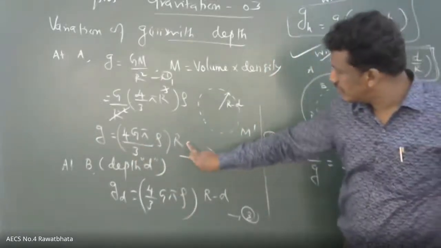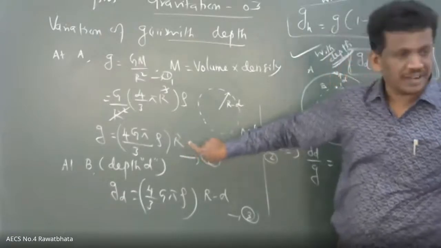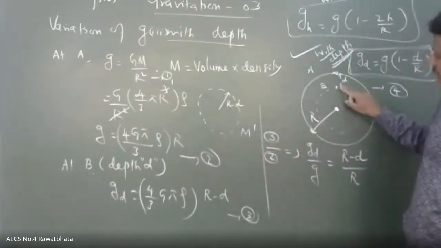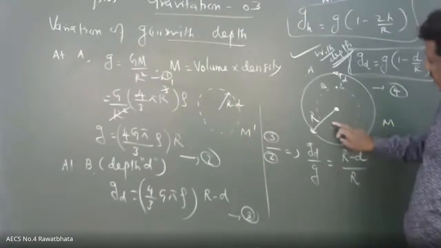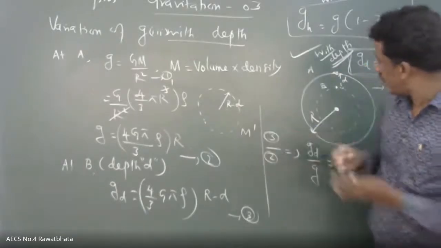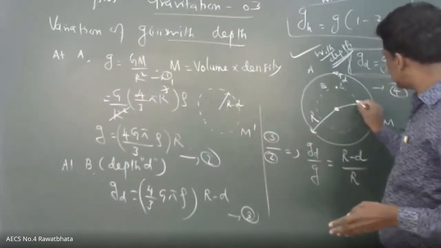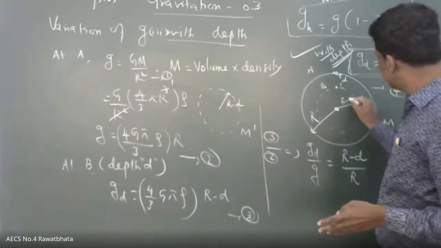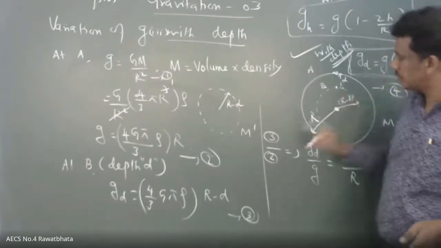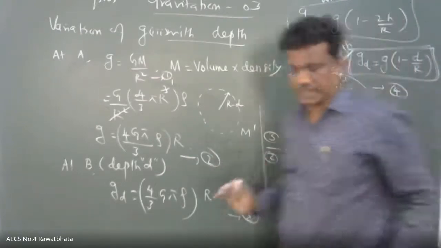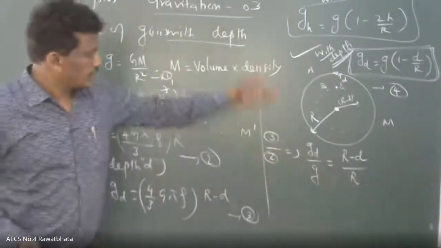On the surface it is R. If you go inside, the size will be R minus D. I have put it here: R minus D. Then simple equations you are getting.